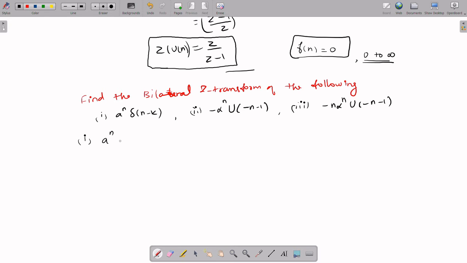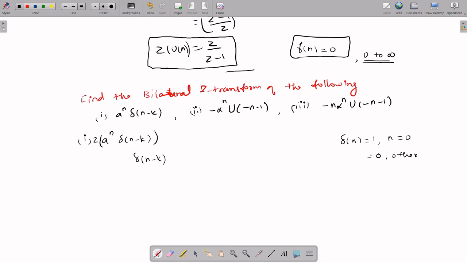A power n into delta of n minus k. We have to find the Z transform of this, isn't it? Before applying the Z transform definition, what is delta of n minus k here? You know that delta of n is equal to 1 when n is equal to 0, and 0 otherwise.